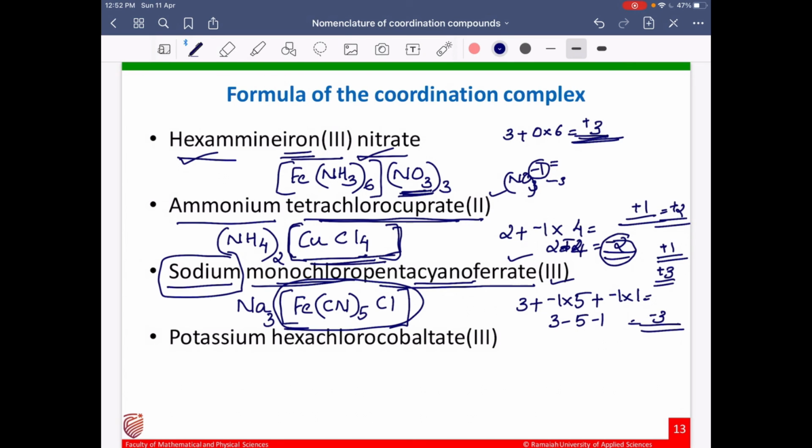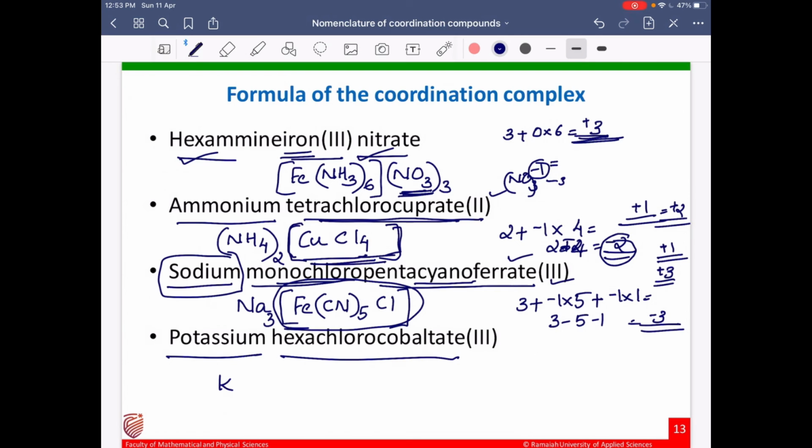Next is potassium hexachlorocobaltate 3. Here we have a cation and an anion, and the anion is the complex ion. First we write the cation, potassium. But we don't know how many potassium counter ions there should be. That we can see only after checking the charge of the ligands and the central metal in the anionic part, which is the complex ion.